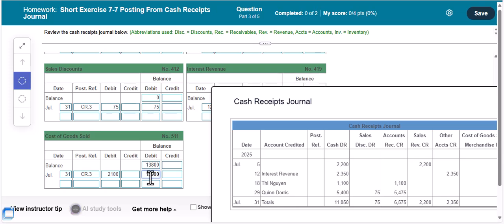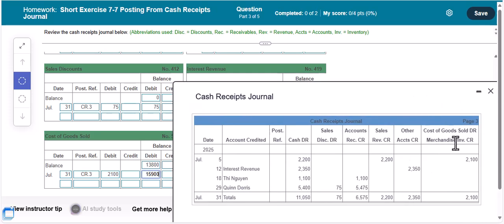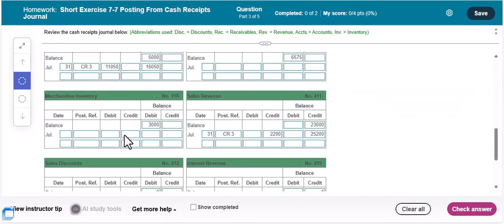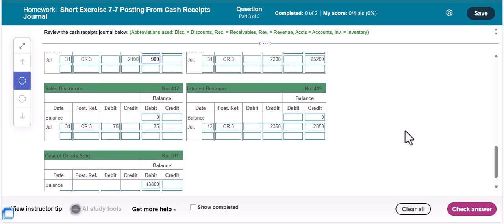And we also have that sneaky merchandise inventory credit here for 2,100 as well. So let's go ahead and find the merchandise inventory right here, July 31st, posting reference CR3, and merchandise inventory is doing what? That was a credit. So going down, and that means we have a balance of 900 since our merchandise inventory was decreased. All right, so that's all looking great. Let's check our answer.